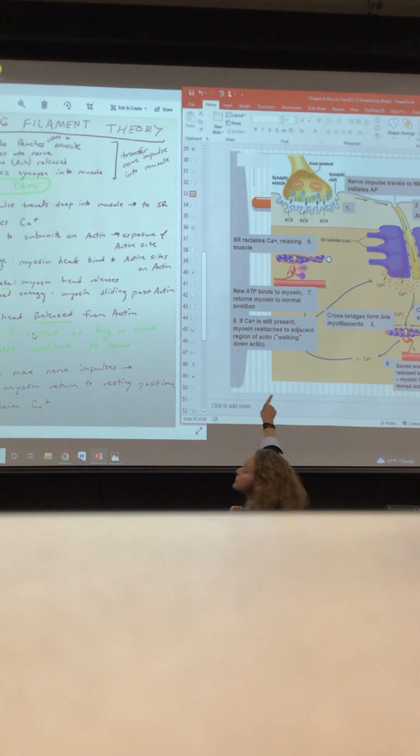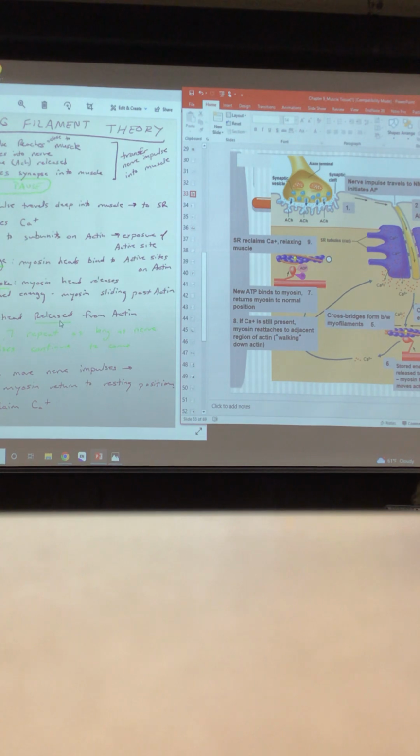Then there's calcium continually being released, so this cycle continues. Every time calcium comes down, it opens the active sites on actin: cross-bridging, power stroke, release. More calcium? Cross-bridge, power stroke, release.